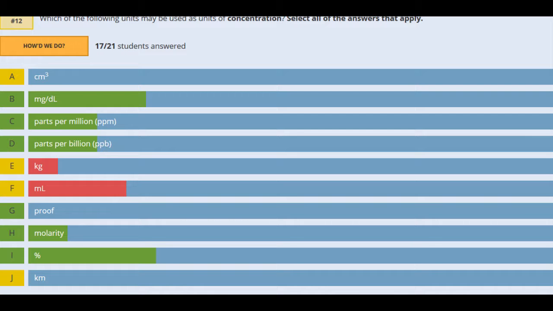Anybody have a $100 bill? Anybody have a 20? Want to donate it to the Name of Science? Don't show anybody else how much money you have, though. All right, thank you.